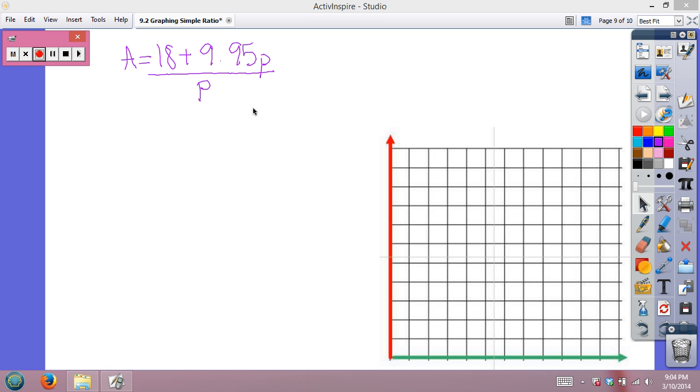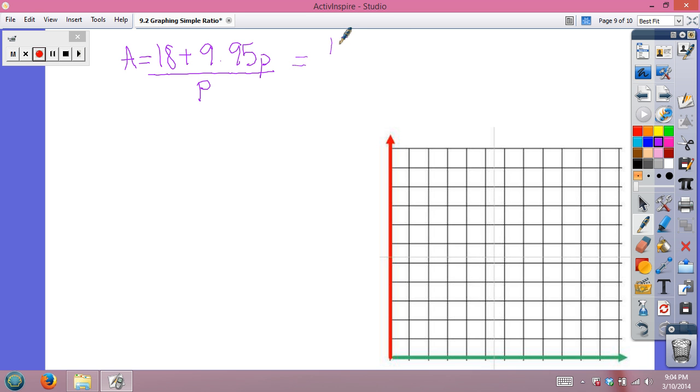So the next thing it asks us to do is to graph the model. We'll want to notice that this can actually be written as 18 over p plus 9.95 over p times p. So we can cancel those out. So you can choose to write it either way.